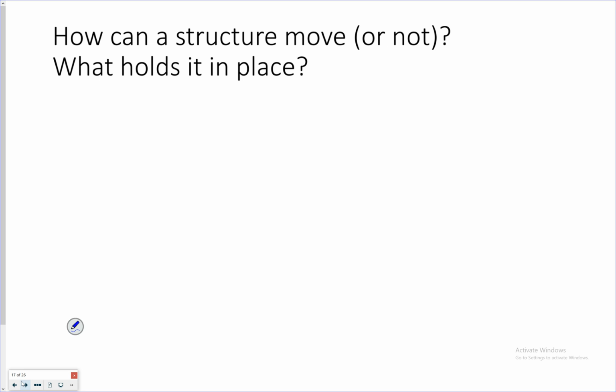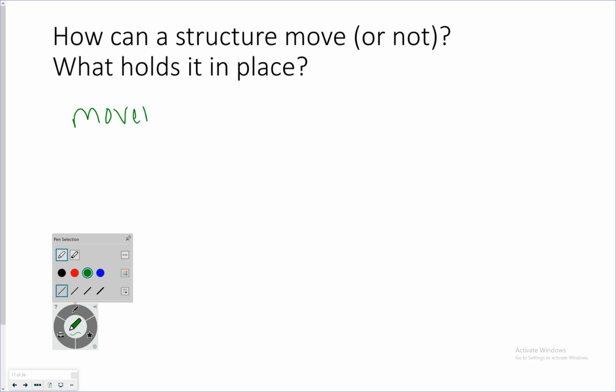So talking about the supports and joints and how we model them, I would ask, in what ways can a structure move or not? If we're measuring movement or not movement of a structure, what exactly are we looking at? Basically, we like to measure the movement of a structure two different ways.